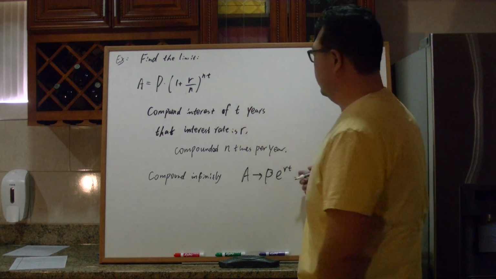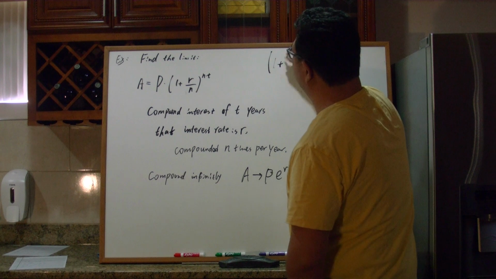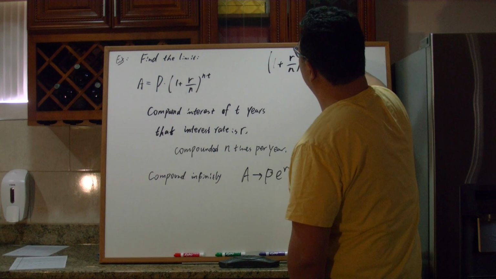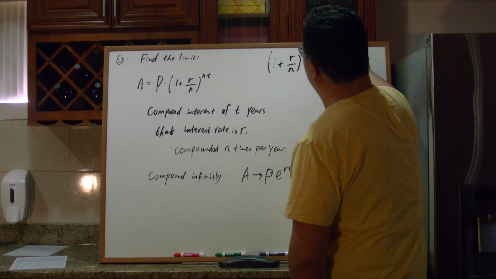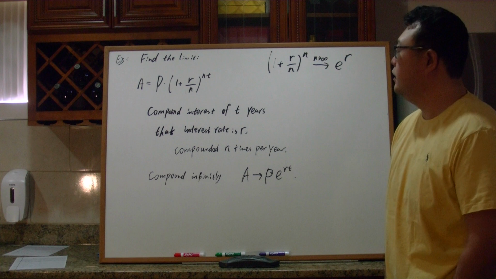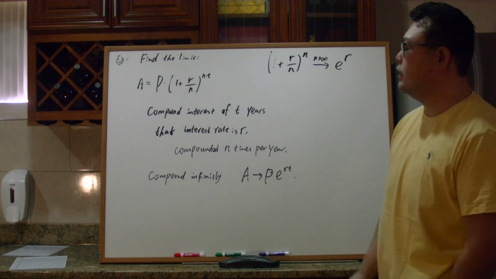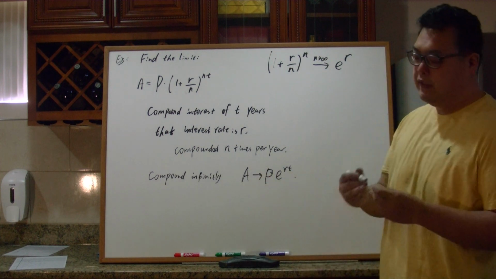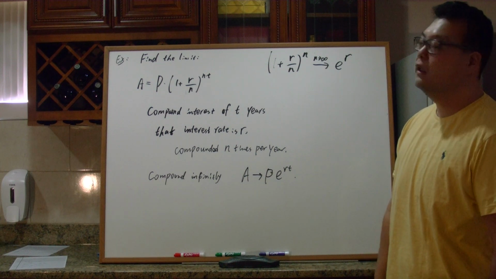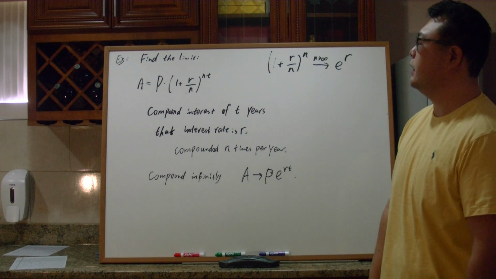Right? Since the t is the same, what it means is 1 plus r over n to the n will yield e to the r as n goes to infinity. Right? That is compounding infinitely. I believe that was something you have seen in your pre-calculus.